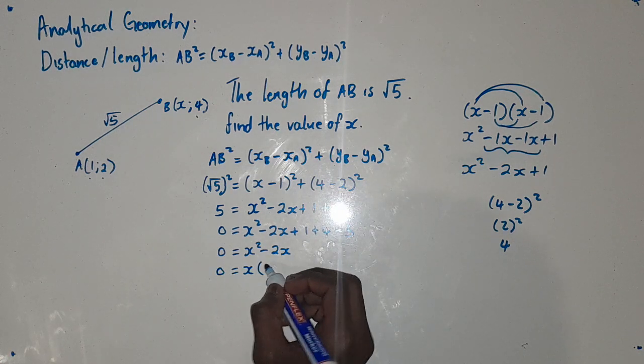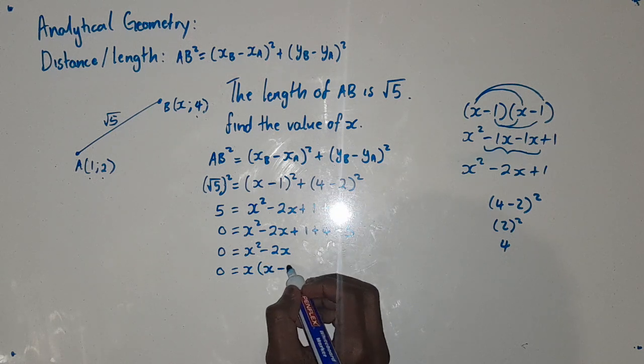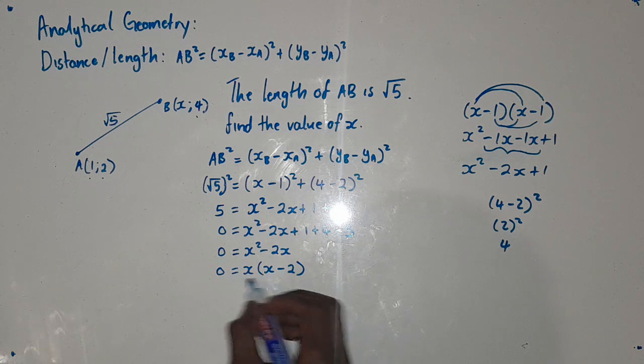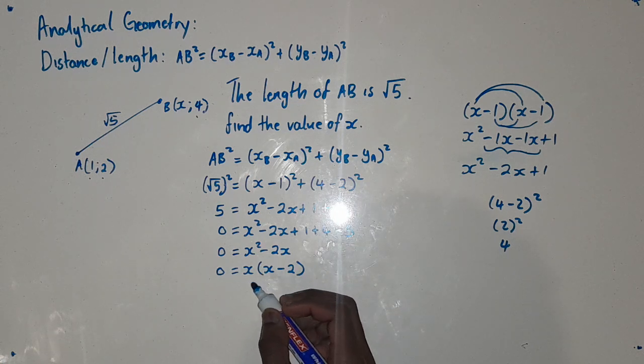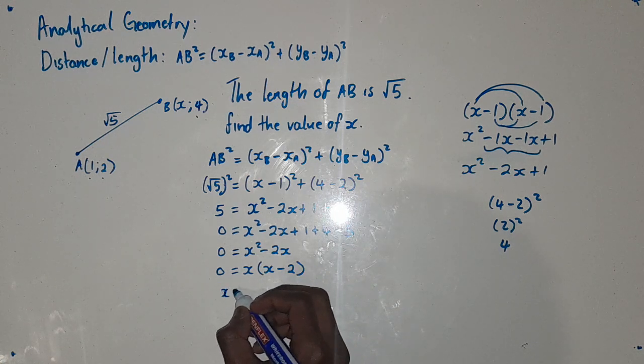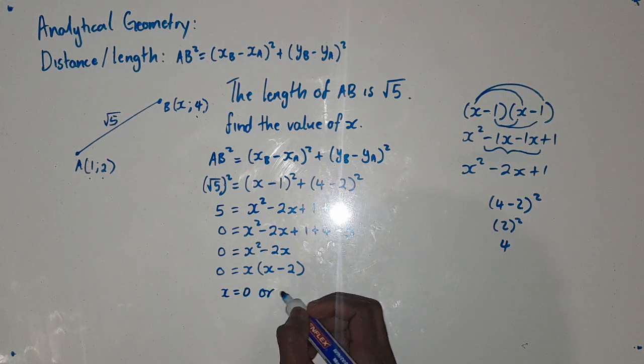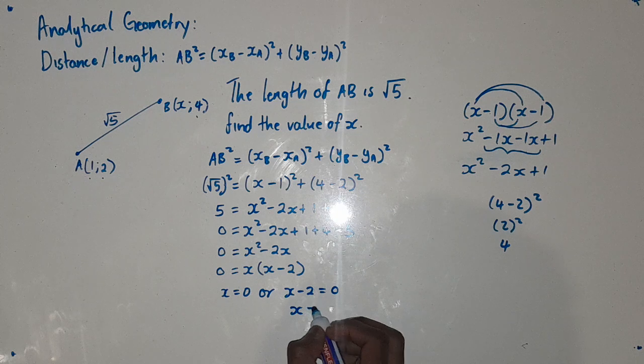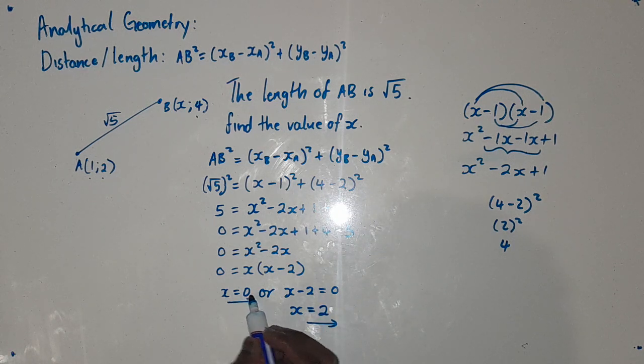We can then factor: x, then we have x minus 2. At this point we can use what? The zero factor theorem, by saying x is equal to 0 or x minus 2 is equal to 0. Finally, our x is going to be 2. This side we get 0 and this side we get 0.